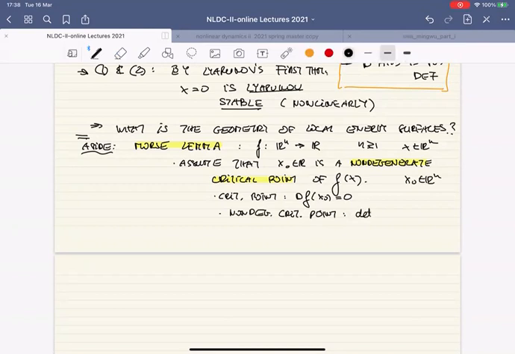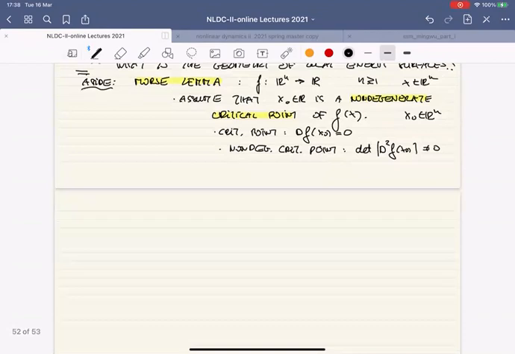So you look at the determinant of the Hessian of f at that point, and you find that it's non-zero. So you take the matrix of second derivatives of that scalar function, and you find that this symmetric matrix doesn't have zero eigenvalues. All eigenvalues are real because it's symmetric, but it has no zero eigenvalues. Okay.